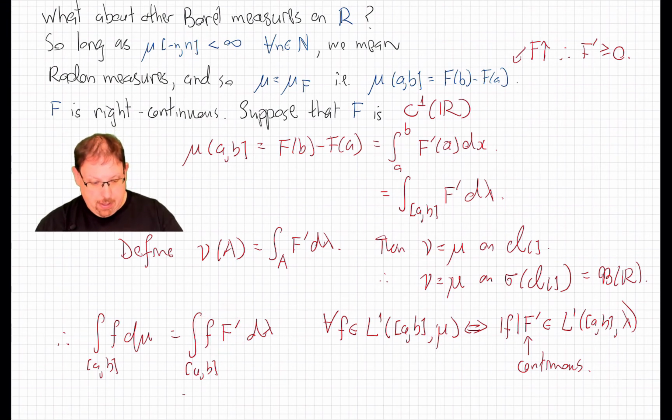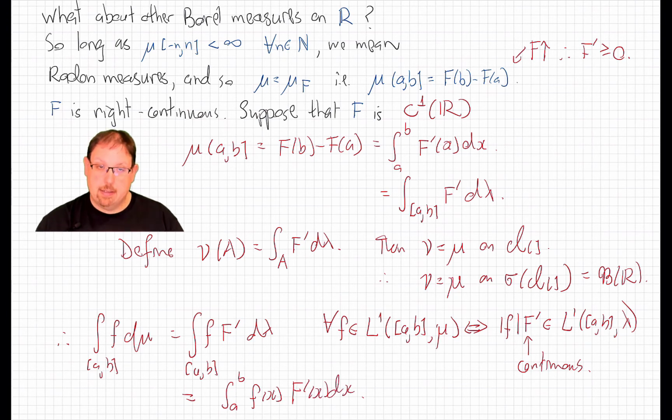And so we can write this as the Riemann integral from a up to b of f at x times f prime at x dx. Thus, we see that Radon measures in the case where the cumulative distribution function capital F is continuously differentiable actually have a continuous density with respect to Lebesgue measure, and we can then compute integrals with respect to any of those measures as Riemann integrals.